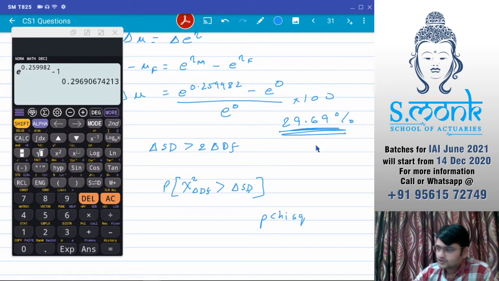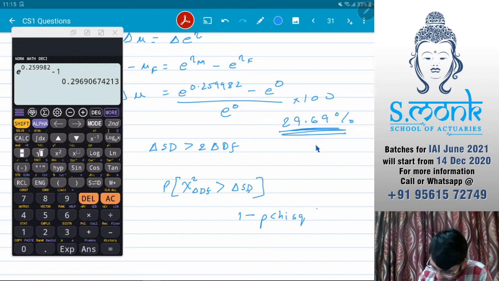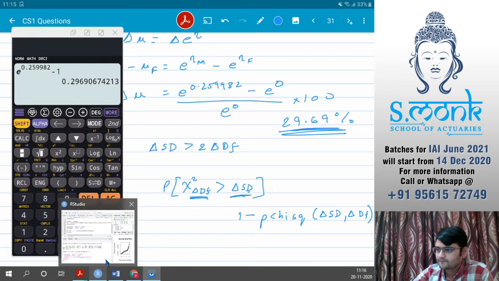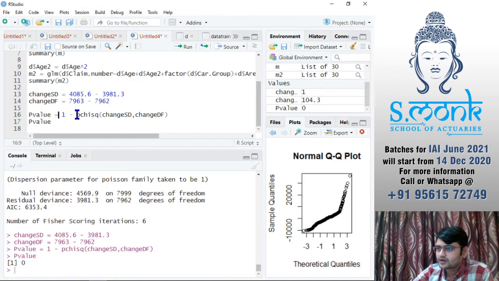Okay, so here we want greater than, so that is why we have taken 1 minus, and this we want for this value, so change in SD here, then degree of freedom, that would be change in degree of freedom. Okay, so that is what our p value formula is here.